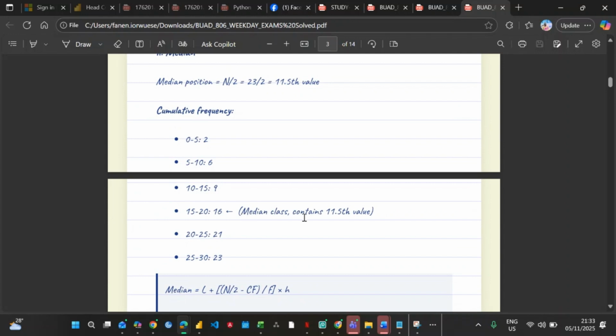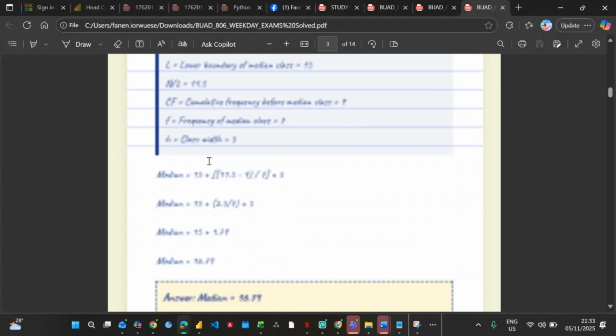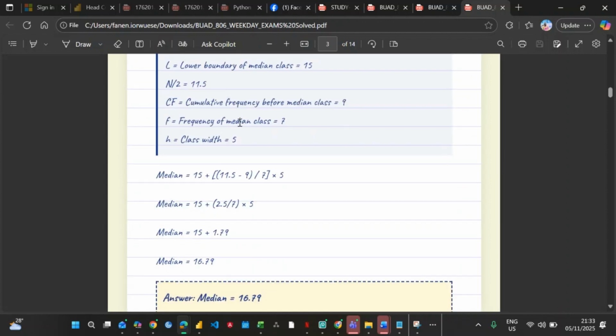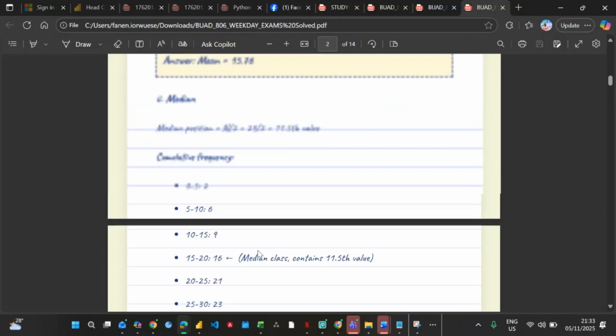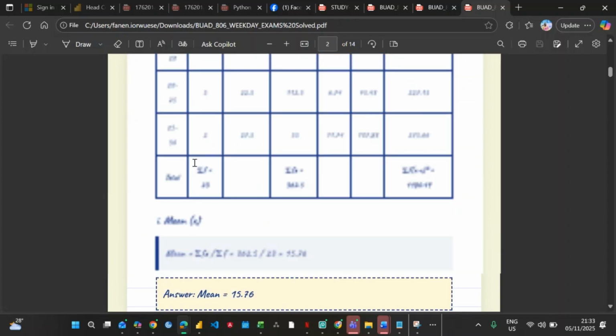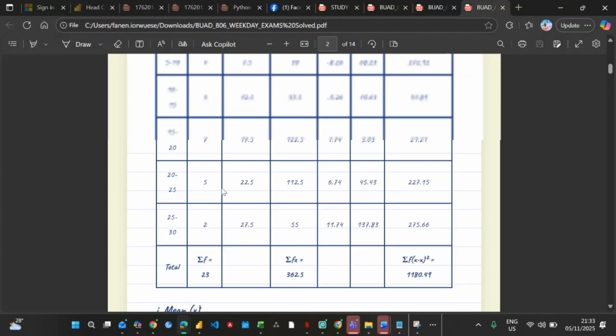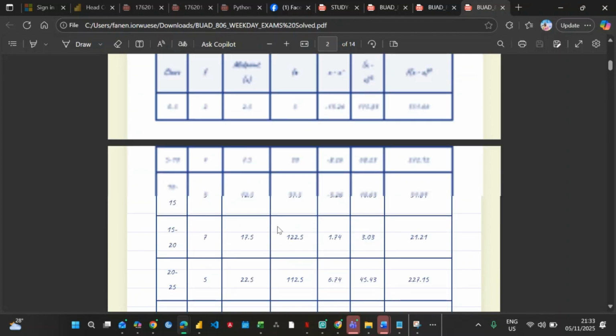N divided by 2 is 11.5. Then we have our cumulative frequency before the median class, which is 9. Before we got to the median class, the cumulative frequency was 9, which is this one.